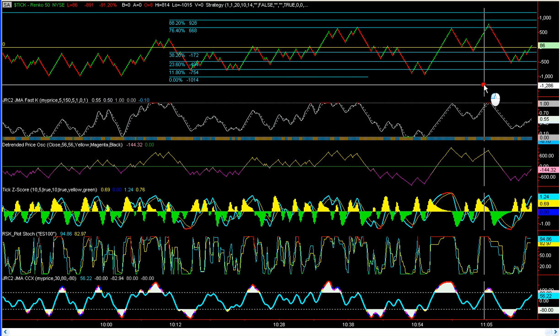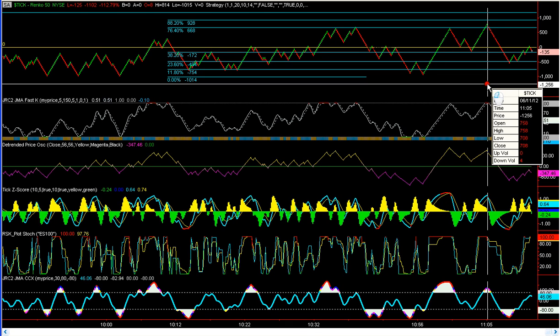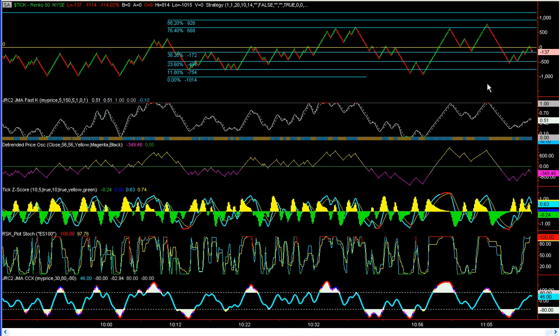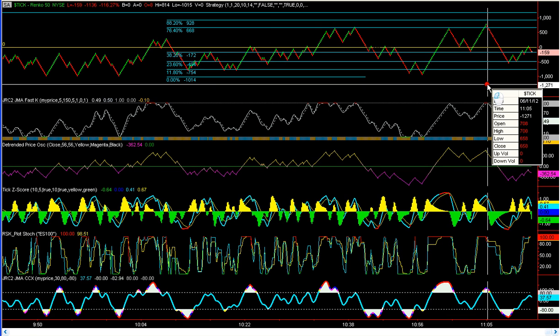So taking a short trade, for example, right here, let's take a look at what that would have accomplished. At 11:05, let's take a look at where the ES was, right at around 11:05.